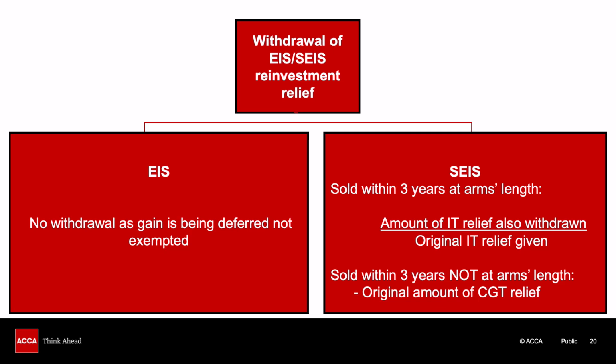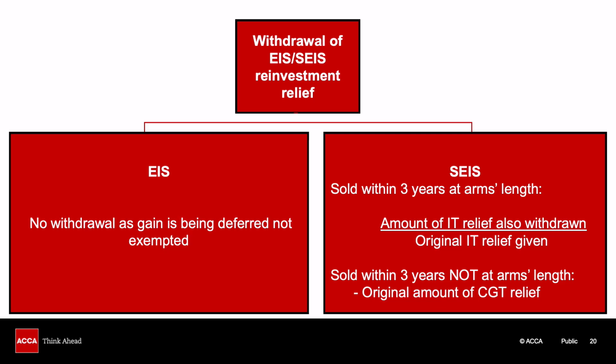If the sale has been at arm's length, then the amount of the gain that was previously exempt that is now going to become chargeable is found by dividing the amount of SEIS income tax relief that is being clawed back by HMRC due to the sale within the 3 years by the original amount of income tax relief given. If the sale is not at arm's length, then the whole amount of original tax relief given needs to be paid back to HMRC.